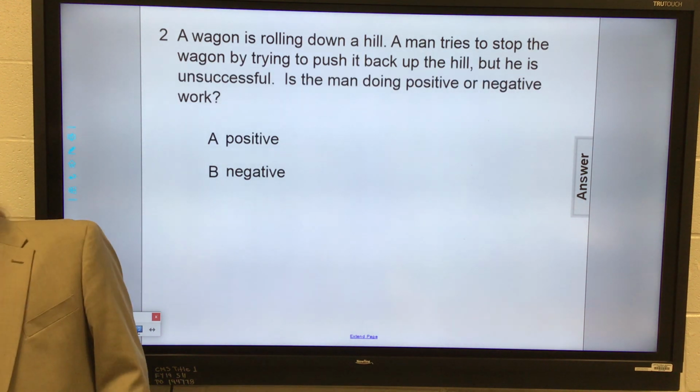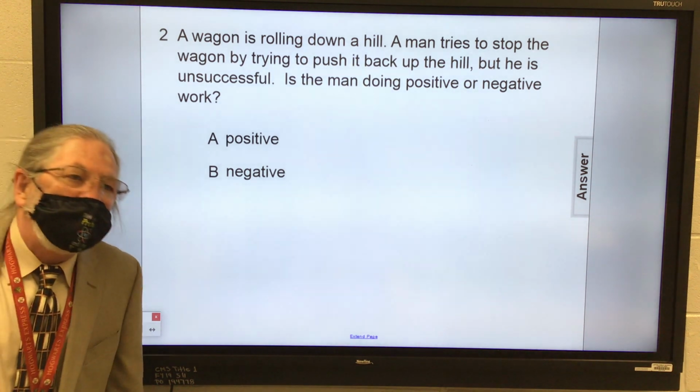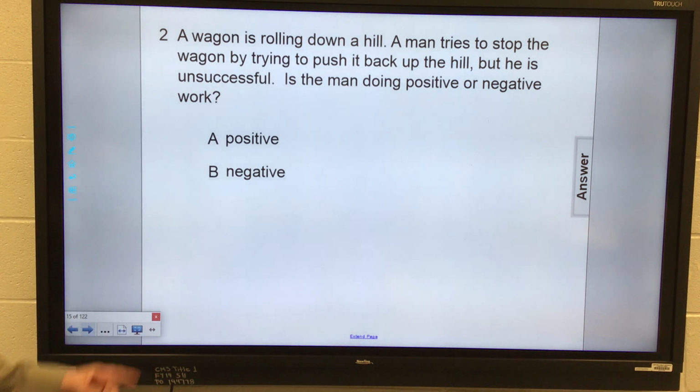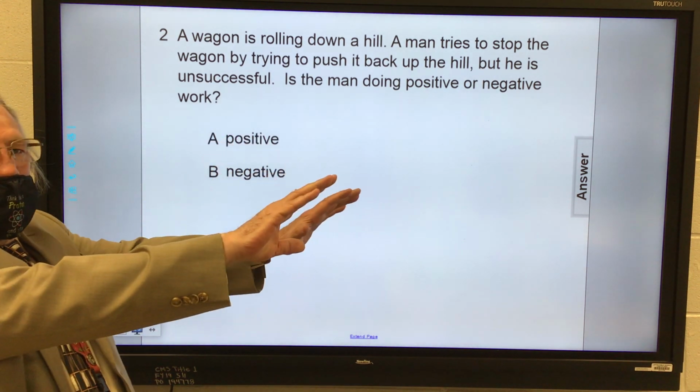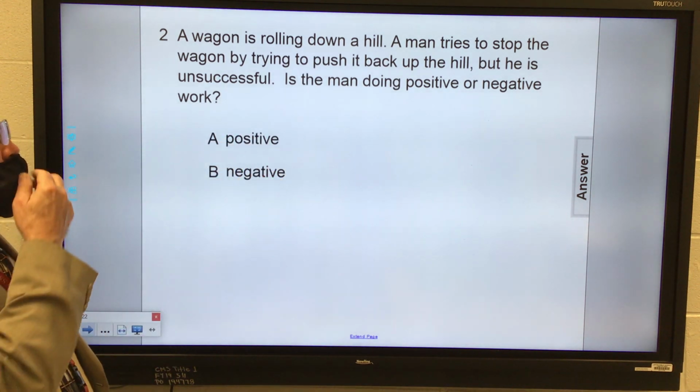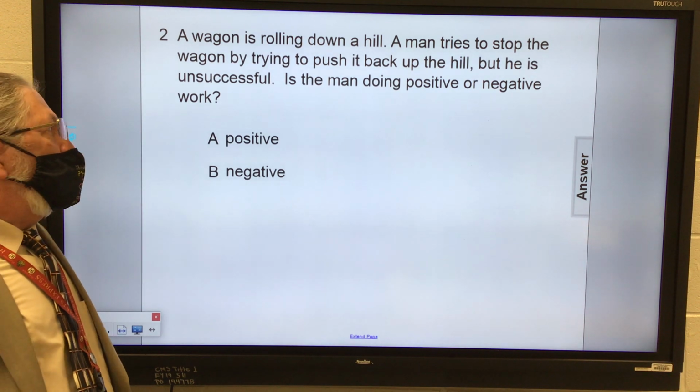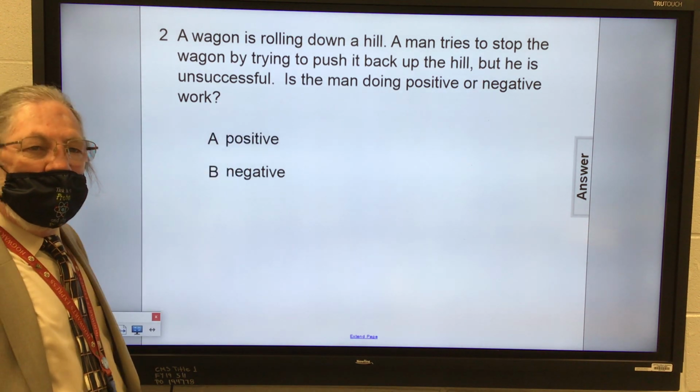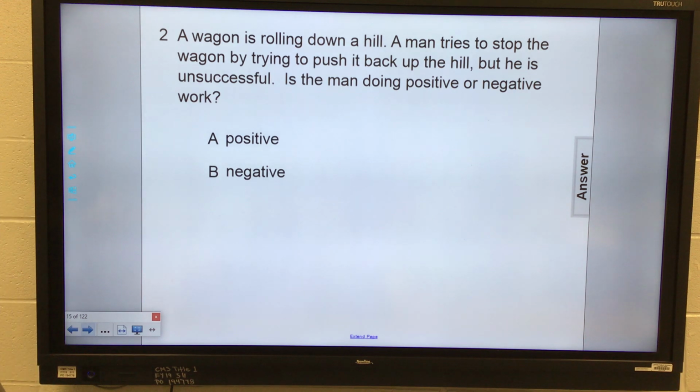Okay, so think about this, we just talked about this. Listen, a wagon's rolling down a hill. A man tries to stop the wagon. Here comes the wagon. Woo, it's rolling down the hill. But he's unsuccessful. Is he doing positive or negative work? Don't blurt out an answer, mark your answer. A or B, mark your answer.